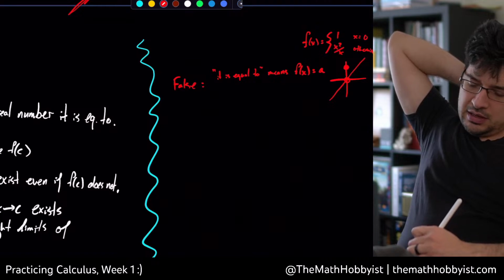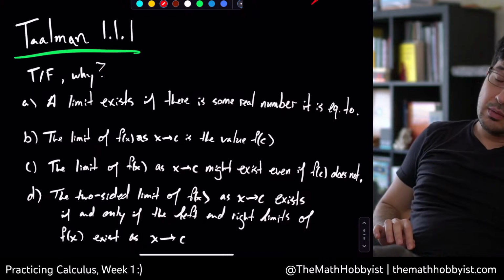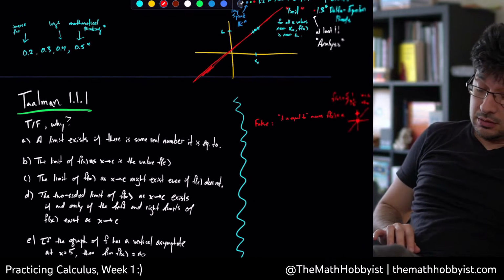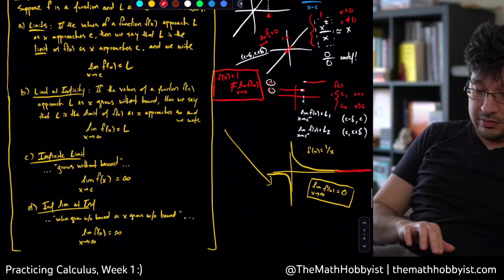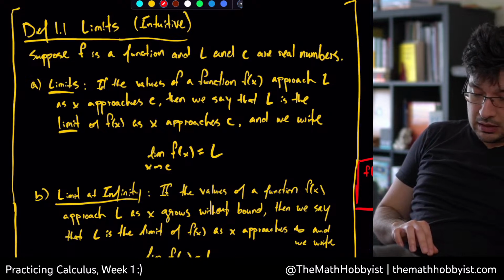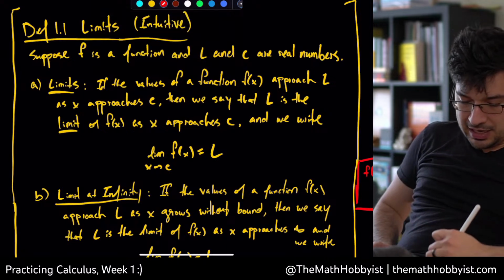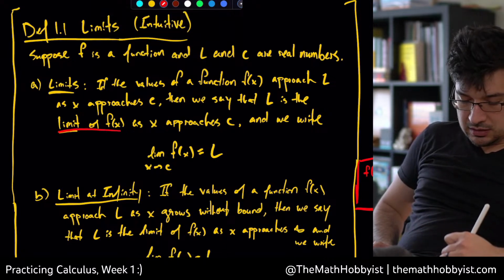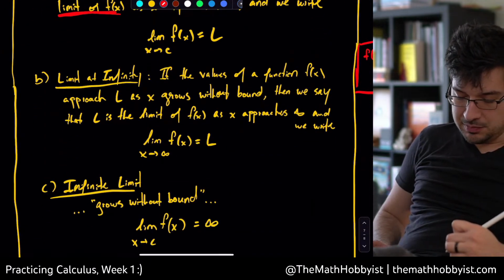What I don't like is that nowhere in this sentence does Taalman define a function. And I wanted to at least write out these definitions because everywhere the definition of a limit is the limit of a function. We need a function in order for the limit to be defined.